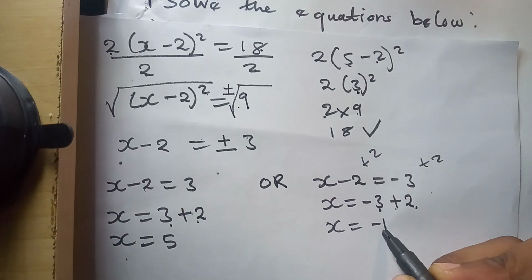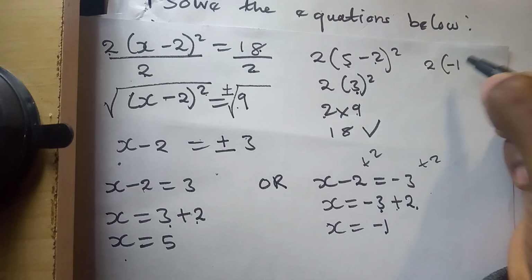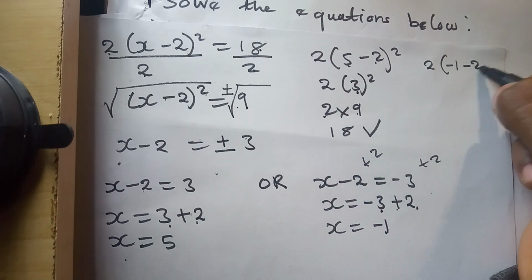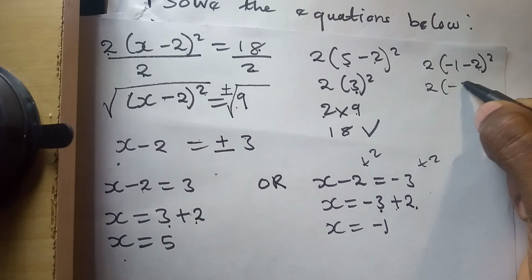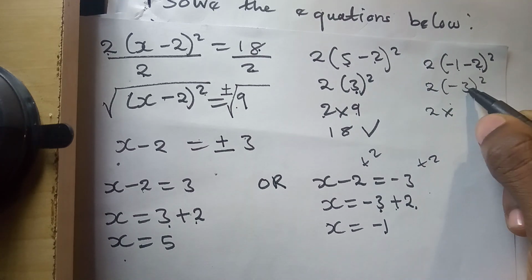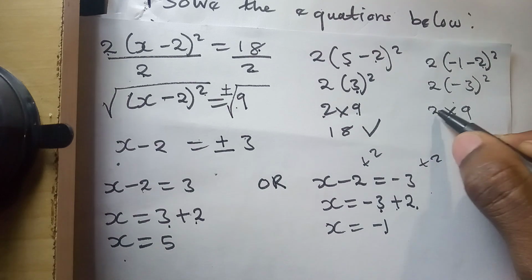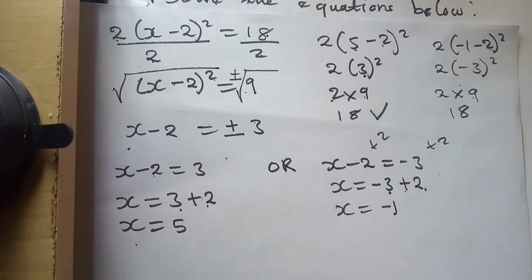Then if you use negative 1, you still get the same correct answer. You put negative 1 there, minus 2, and then squared. Then this minus this will be negative 3 squared. Then negative 3 squared is just a 9, just like before. Then this times 2 is 18. And you're done.